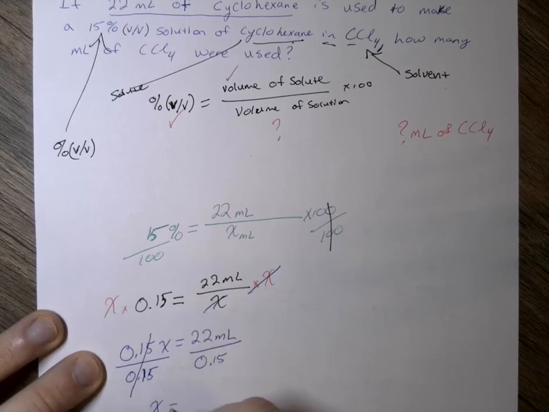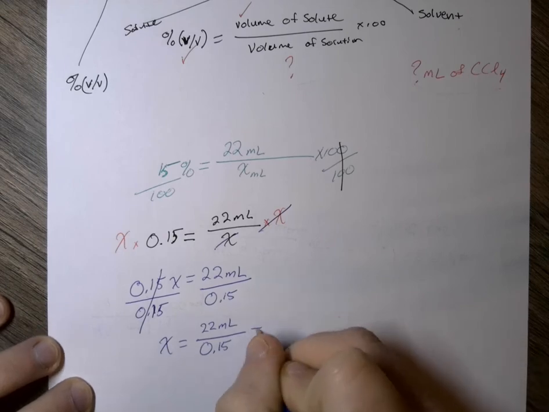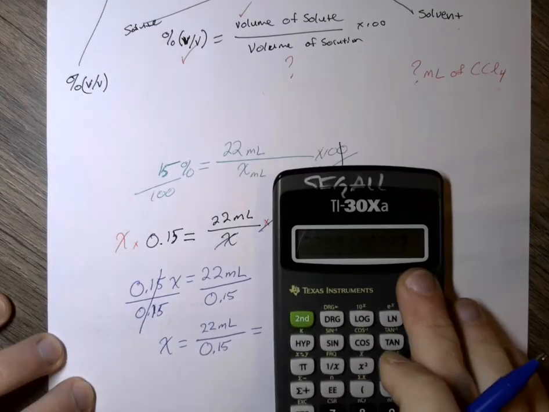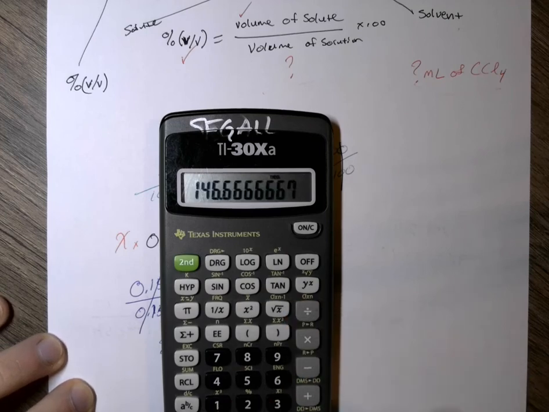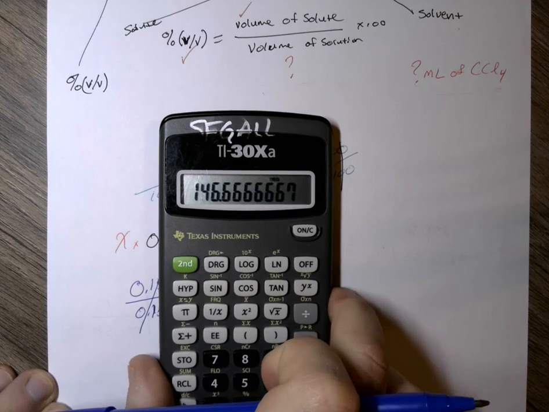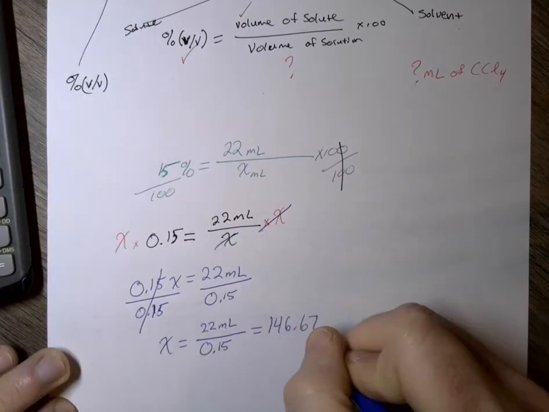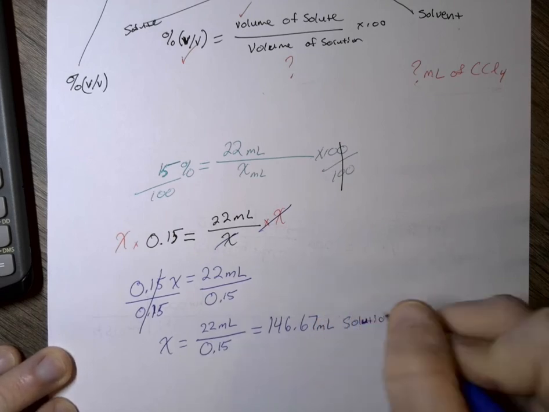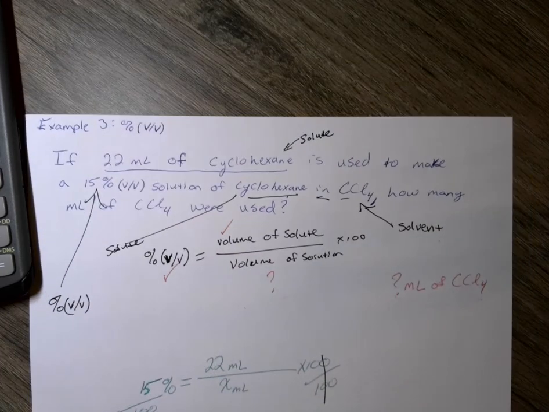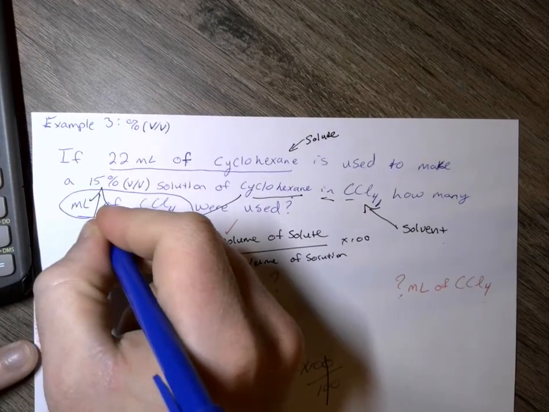So now I have x is equal to 22 milliliters divided by 0.15, which is equal to 22 over 0.15, 146.67, so 146.67 milliliters of solution. Okay, so we go back to our problem, and it's not asking us for the volume of solution. It wants to know how many milliliters of CCl4.